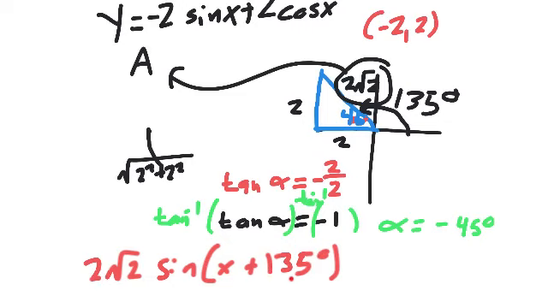This would be a phase shift left 135 degrees or left 3 pi over 4 radians. And then we did not change the period, so the period would still be 2 pi. So that's kind of what we're doing, is we're just shifting a graph around.